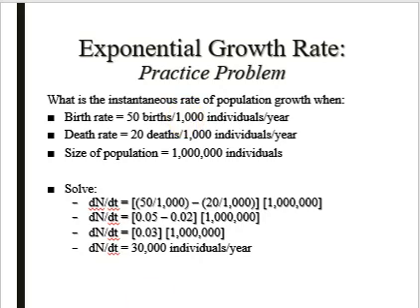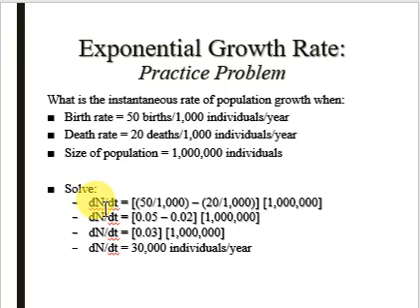So the formula, again, is dN divided by dt, just another way of saying the change in N divided by the change in t. So for this, we want to look at basically taking the difference between your birth rate and death rate per individual. Again, our population size is starting at 1 million individuals.